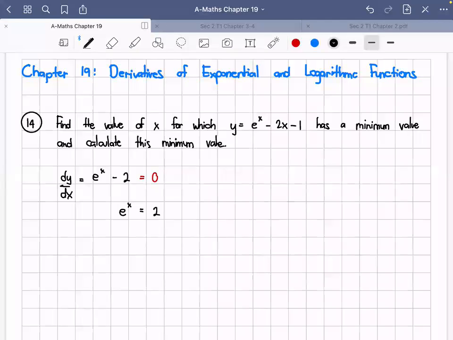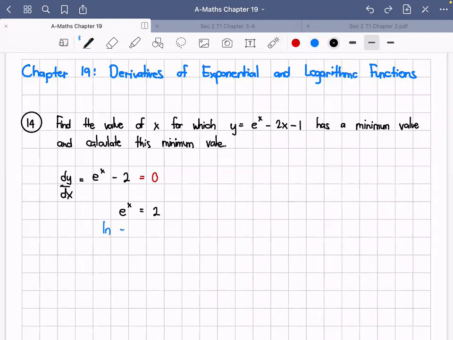Class, you remember your logarithms? Okay, so to answer this, we need to put natural log or ln on both sides, right?